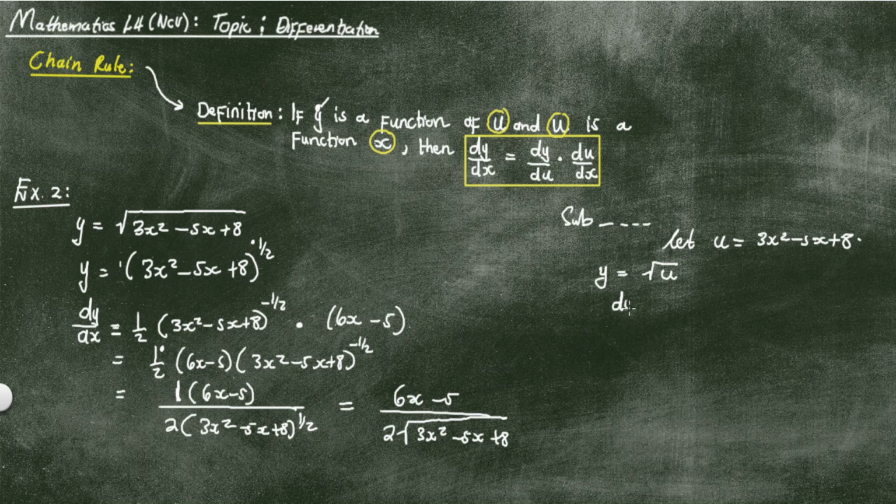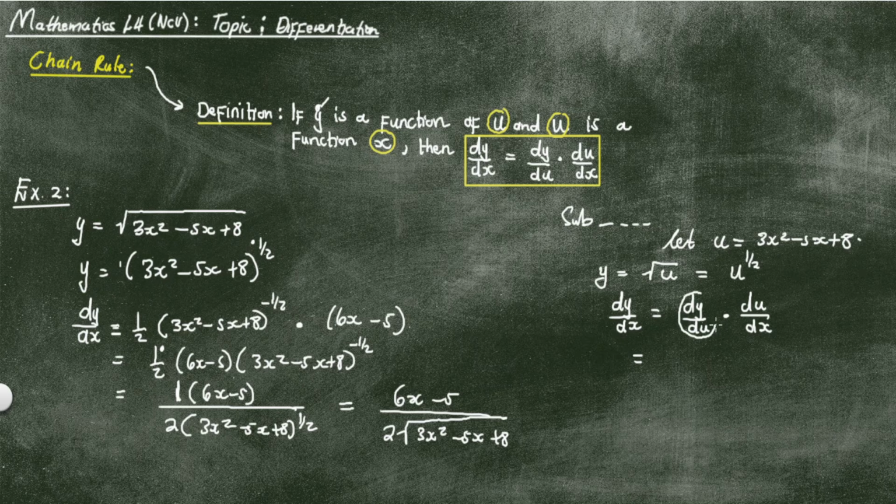Now, dy over dx is equal to dy over du multiplied by du over dx. What is dy over du? This I'll have to write as u raised to exponent a half.